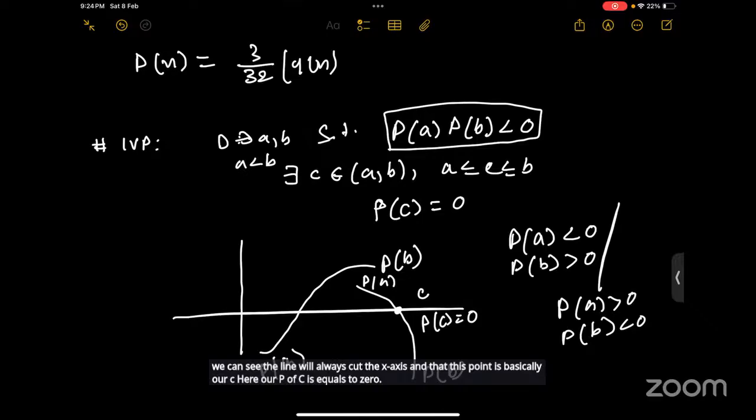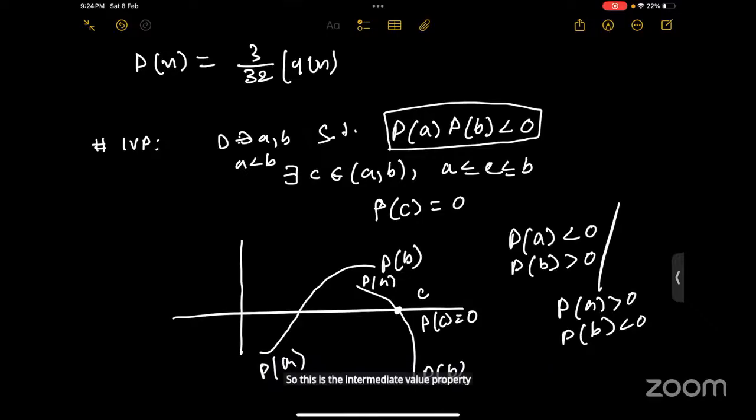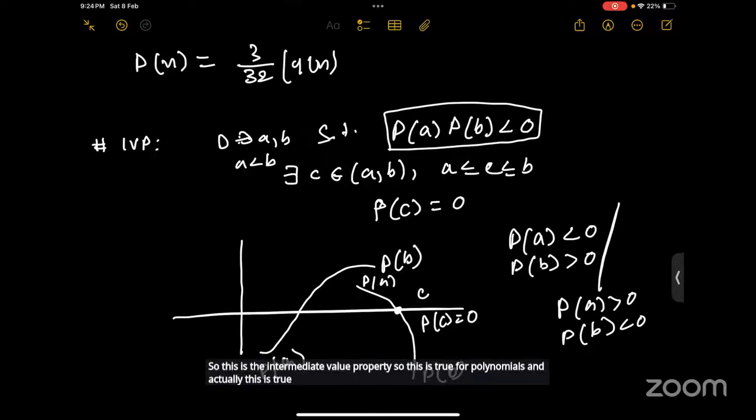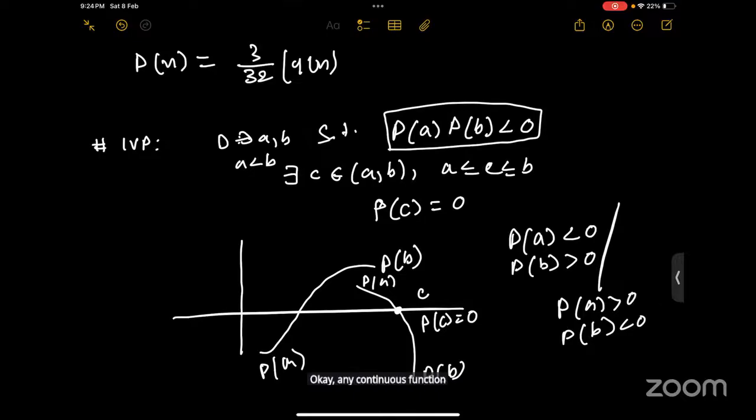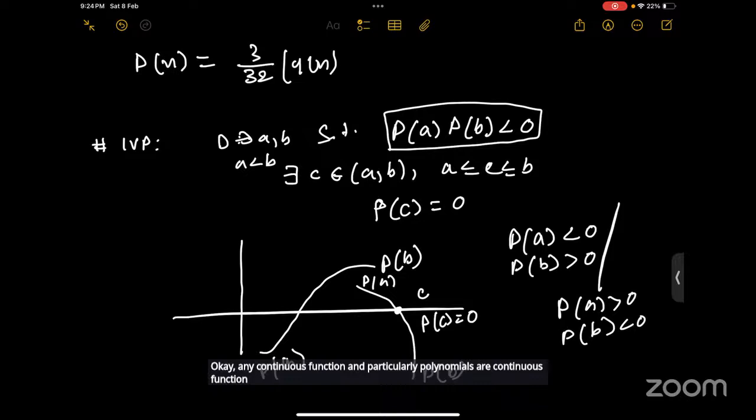So this is the intermediate value property. This is true for polynomials, and actually this is true for any continuous function. Polynomials are continuous functions, so it is true for polynomials.